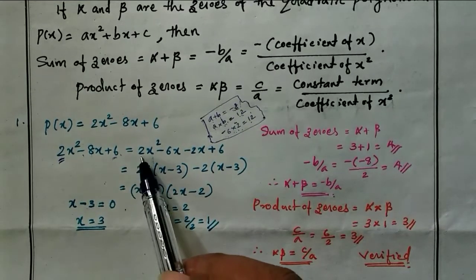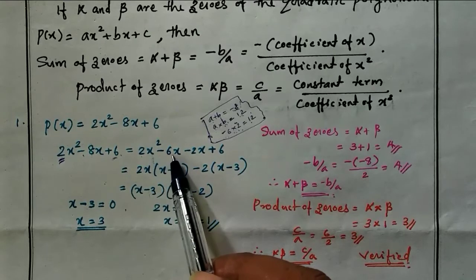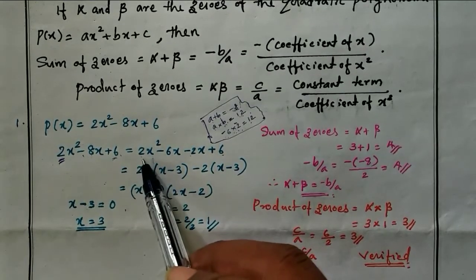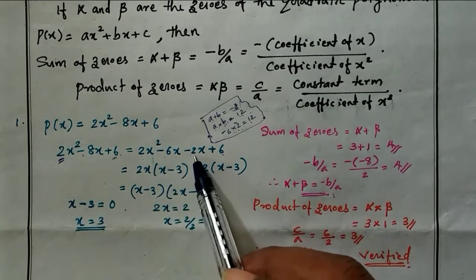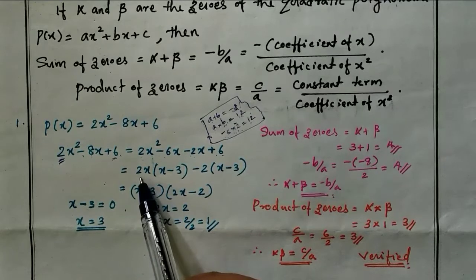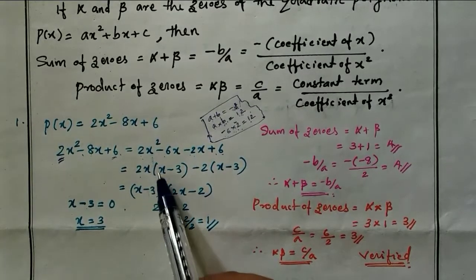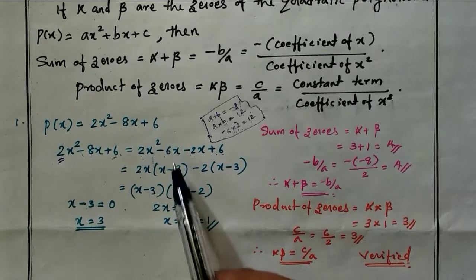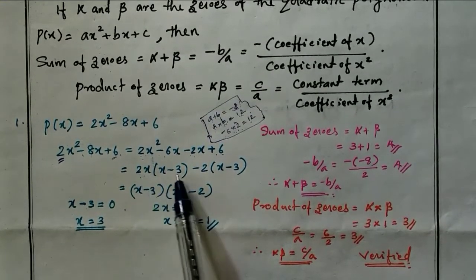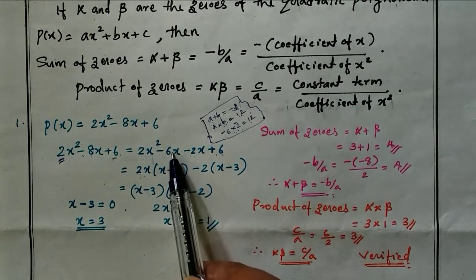So we can write 2x square minus 6x minus 2x plus 6. Take 2x outside. So 2x into x minus 3, because 2x into x is 2x square, and 2x into minus 3 is minus 6x.